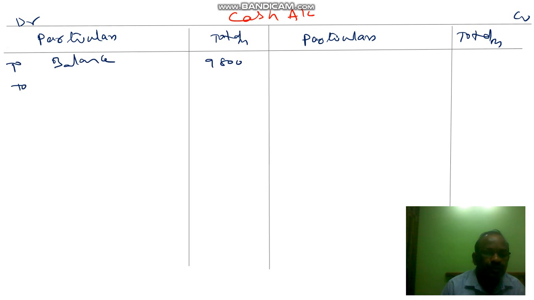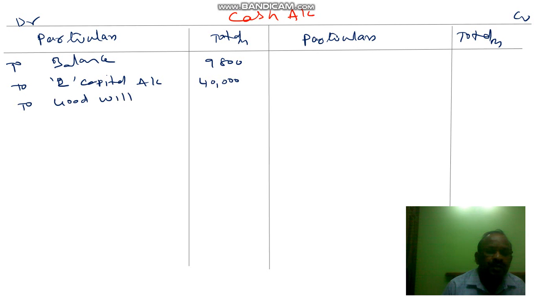It is the balance shown in the capital account. When the new partner comes, he brings 40,000 as capital and 16,000 as goodwill. That amount will be shown on the debit side. After that, the old partners take the goodwill and half of the goodwill they bring to their home. That is credited in the cash account.